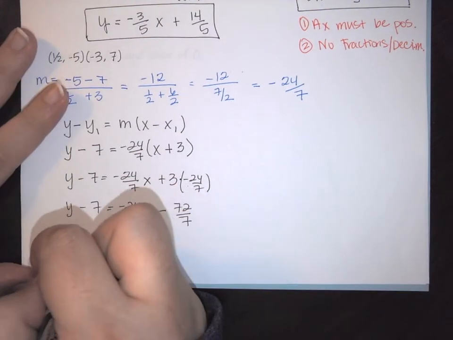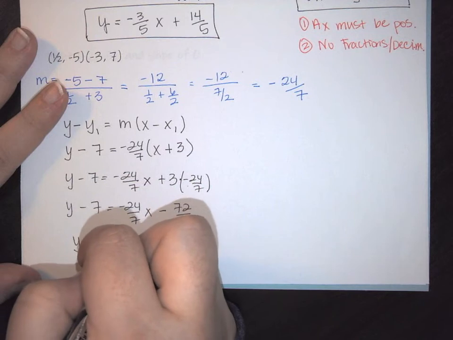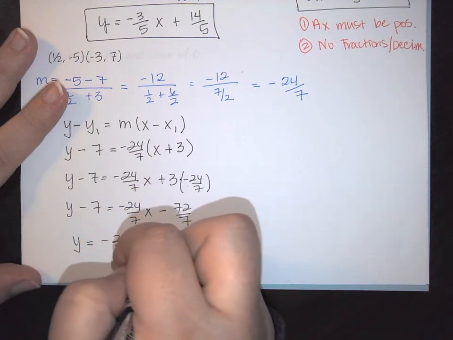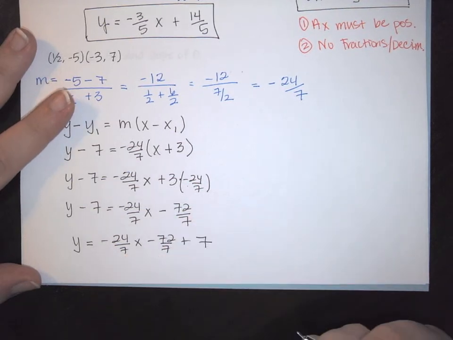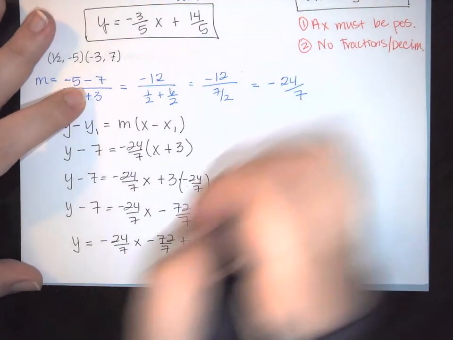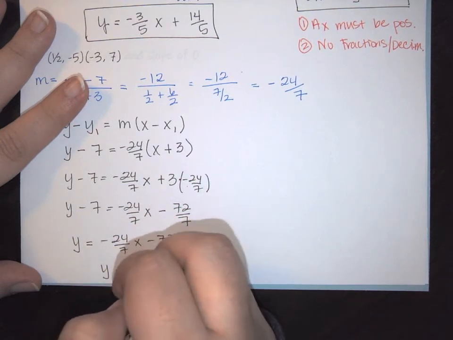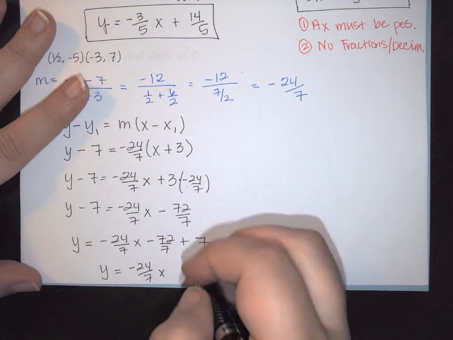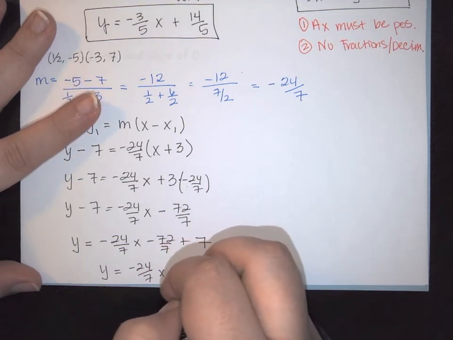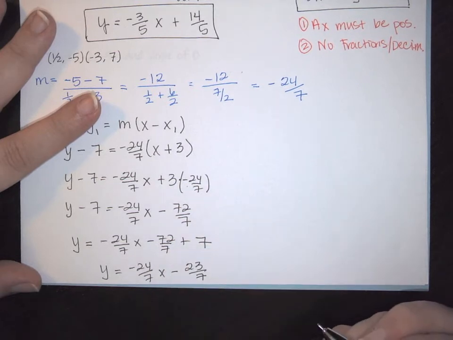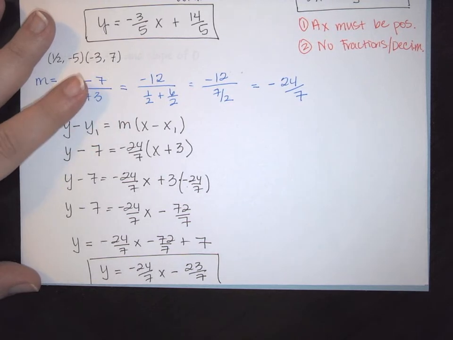Add your 7 over, and we have that y is equal to negative 24 over 7x minus 72 over 7 plus my 7. And this is going to give you an overall answer of y equals negative 24 over 7x, and then we're going to have minus 23 over 7. And this is your slope-intercept form.